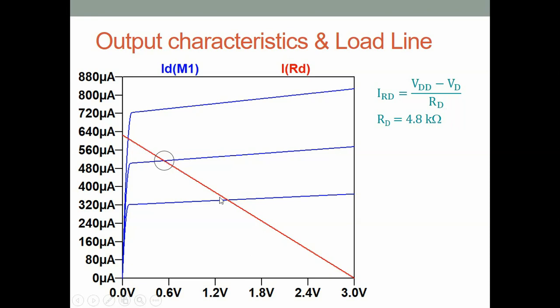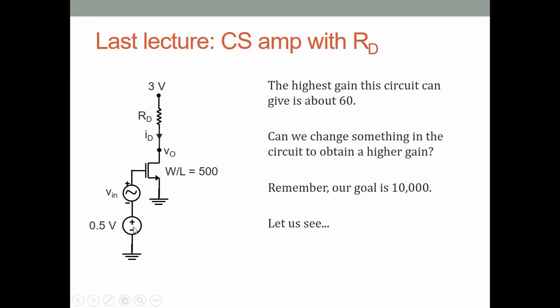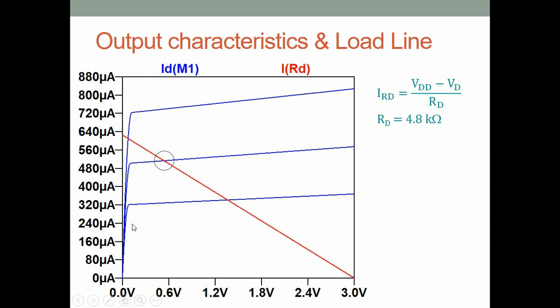Now, which blue line? There are three blue lines here; in fact, there are infinitely many blue lines possible. This blue line corresponds to the gate voltage we have applied. Let us see, 0.5 volts. The threshold voltage is 0.4, so we have an overdrive of 0.1 volts. So this blue line corresponds to a VG of 0.5 volts.